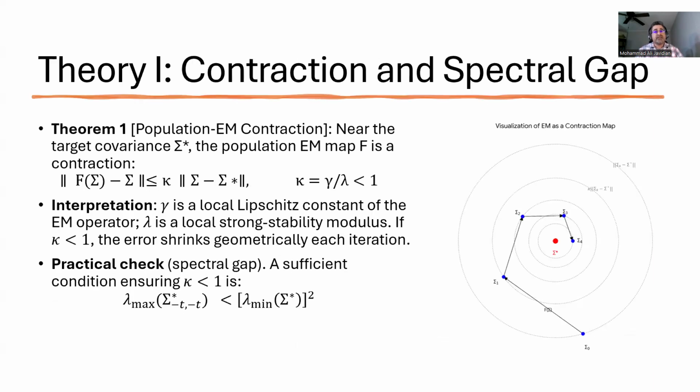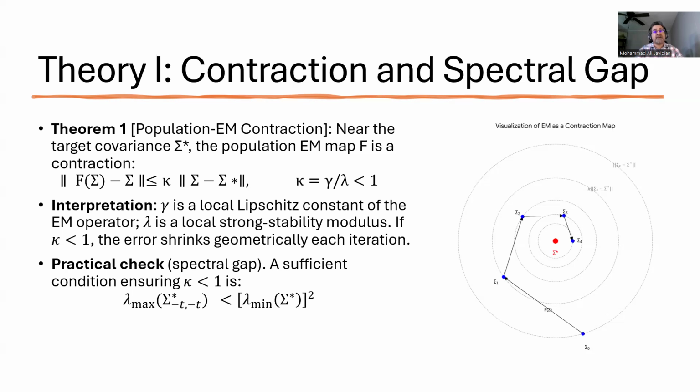Near the true target covariance, sigma star, the population EM update shrinks the error by a fixed fraction each step. Let's call that fraction kappa. If kappa is less than 1, the distance to sigma star gets smaller geometrically step by step. What sets kappa?